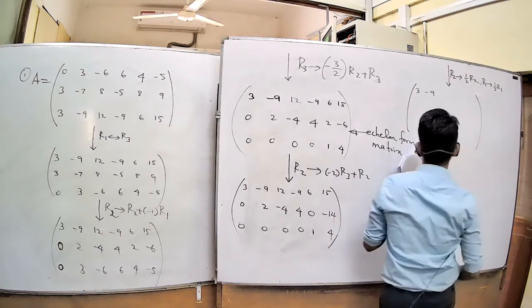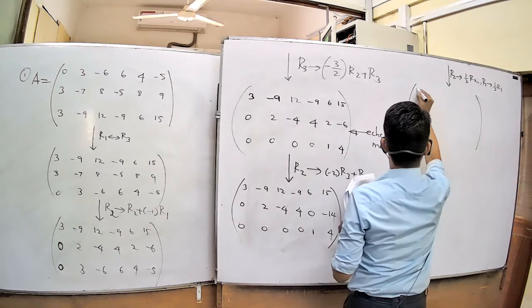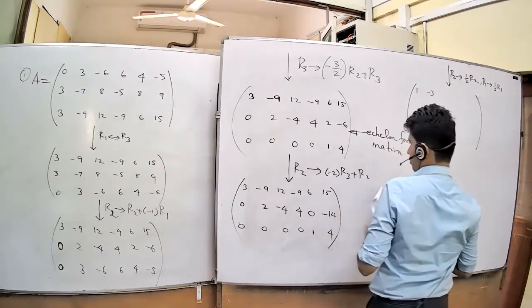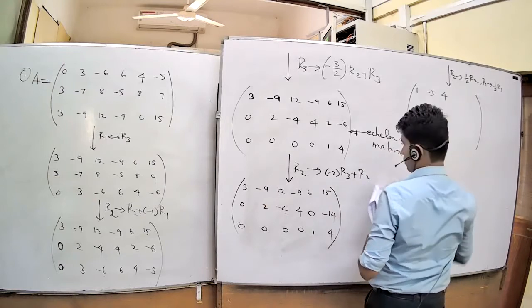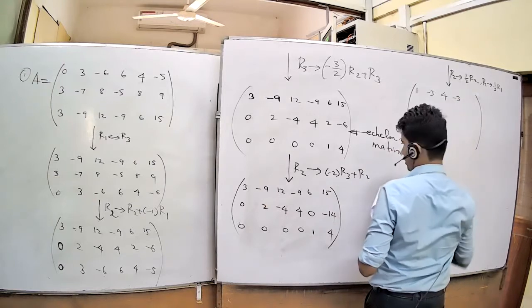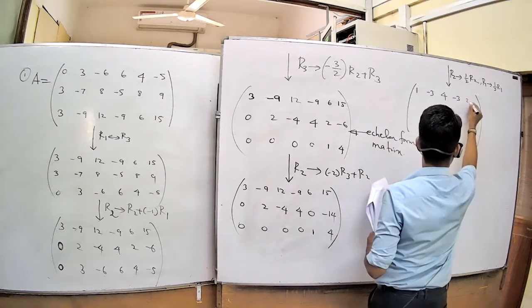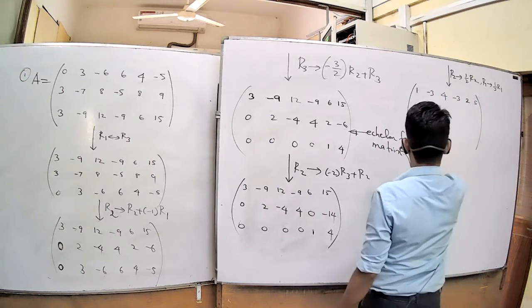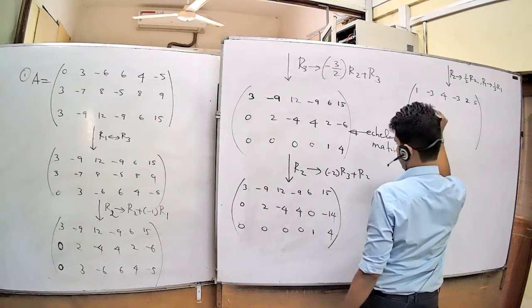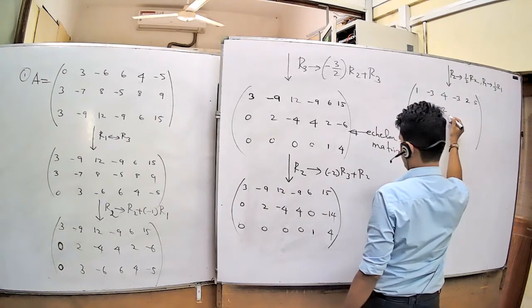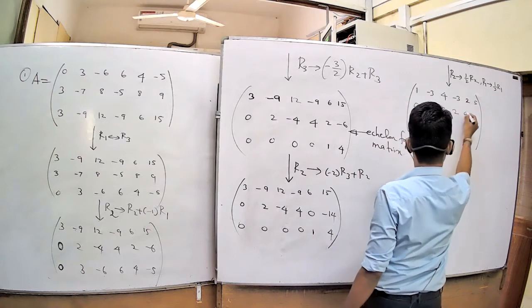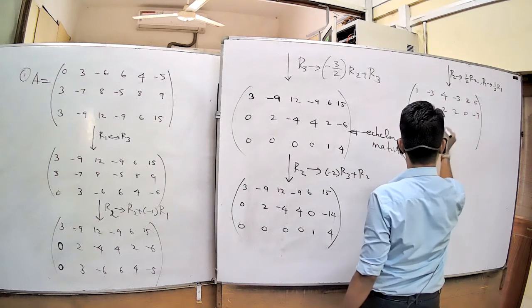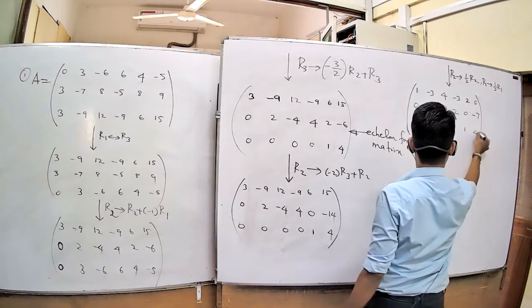Then you get here 1, here 1, minus 3, 4, minus 3, 2, 5, 0, 1, minus 2, 2, 0, minus 7, 0, 0, 0, 0, 1, 4.